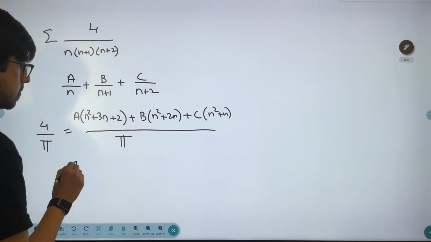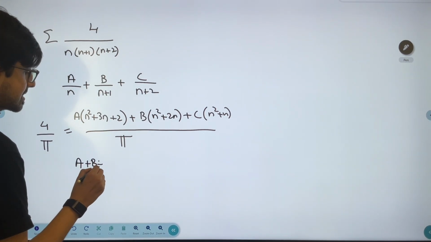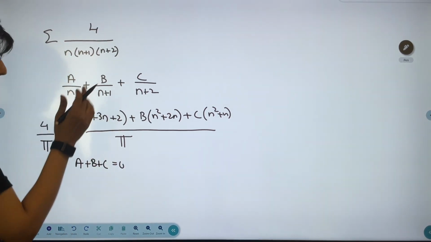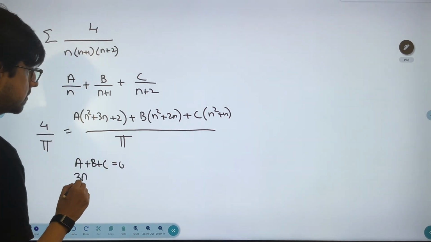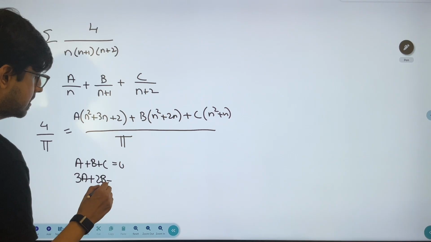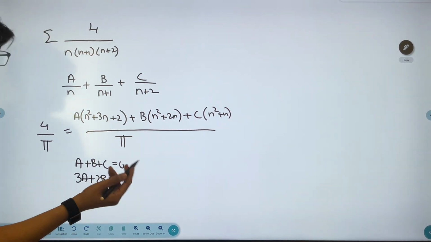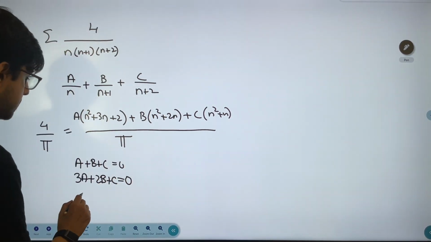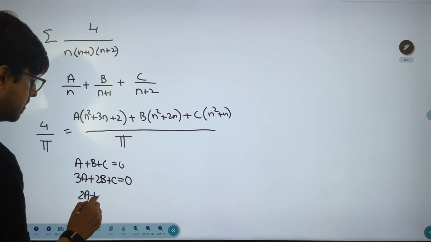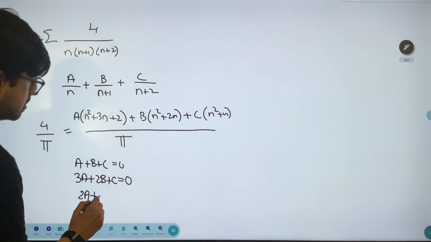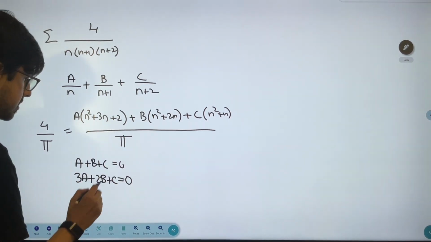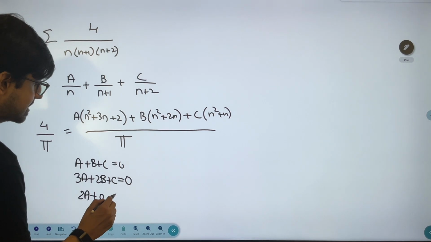So that will give you a plus b plus c is 0, because there is no n square term. 3a plus 2b plus c is 0, again because there is no n term. 2a plus 0 is equal to 4, because there is no constant term.